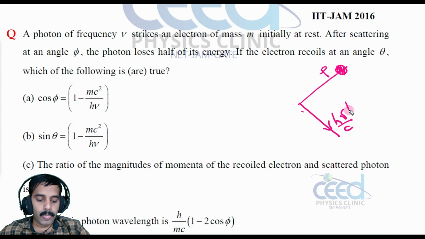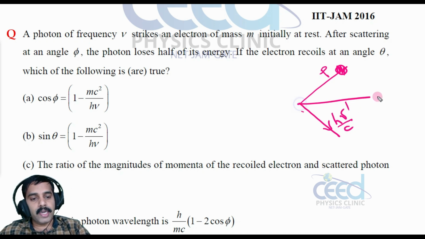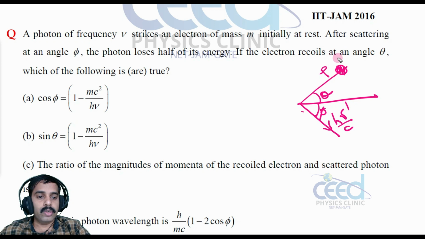This makes an angle phi, and the electron recoils at an angle theta. This is my electron with momentum p, and this is my photon h nu dash by c. The incident energy I am taking as h nu.